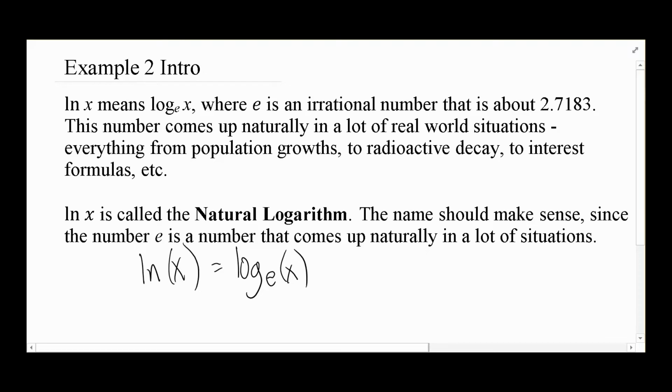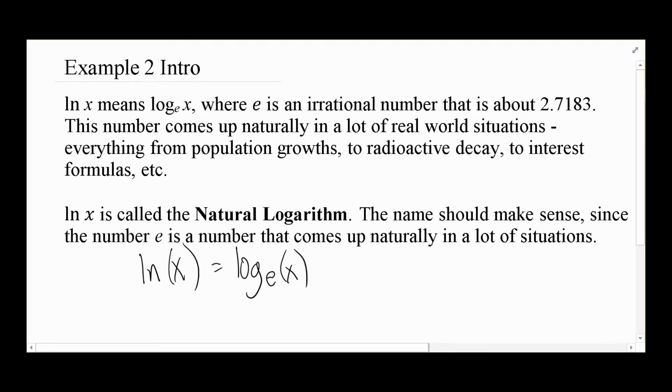Well, what is e? E is an irrational number, kind of like pi is an irrational number. Pi is 3.1415, blah, blah, blah. It goes on forever with no pattern. That's kind of how we think about an irrational number. The square root of 2 is an irrational number as well. It's a number that can't be written as a fraction, and it's a decimal that goes on and on forever with no repeats, no pattern.